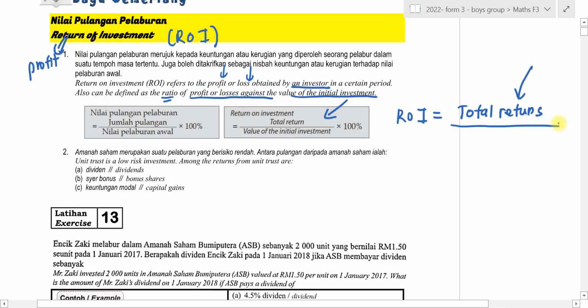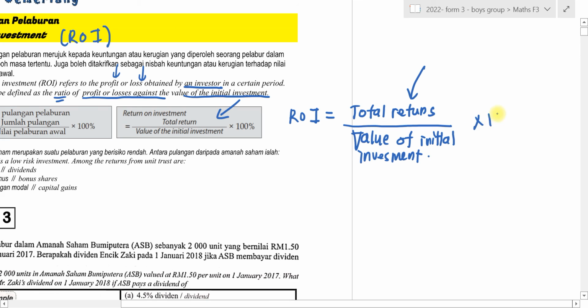Total return divided by the value of initial investment. That means how much you spend initially for this investment. If you see this formula closely, let's say I invest 1,000.